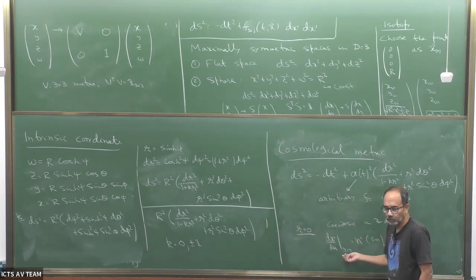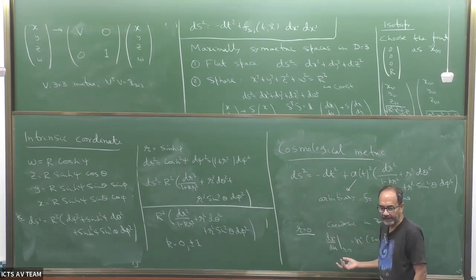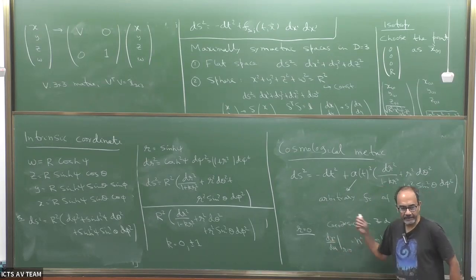Once we give these two, then the geodesic is fixed. Is that clear? It is a second order differential equation, right? If you fix the initial x and the derivative, then the second order differential equation fixes the geodesic. So this is a vector that we have to give.